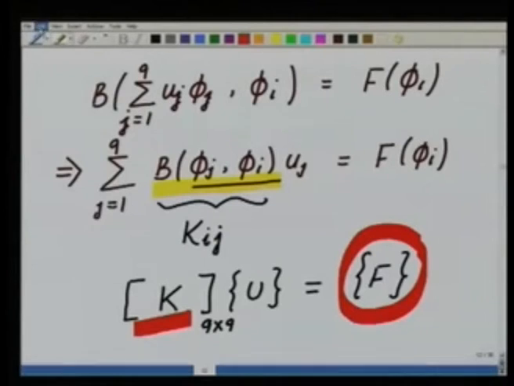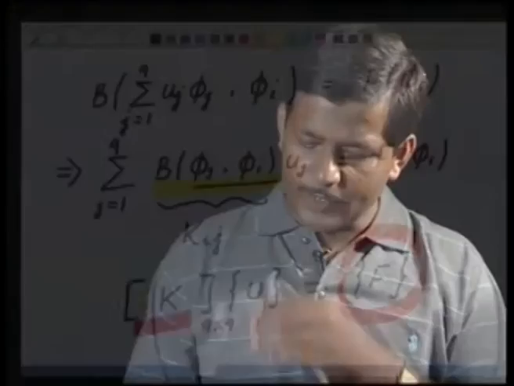If we can find these entries, then we have assembled the matrix problem, and all that we have to do is invert this matrix. First, we have to apply boundary conditions, invert the matrix, and the solution is there.